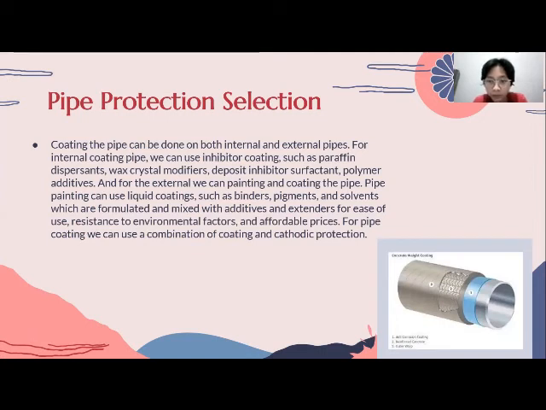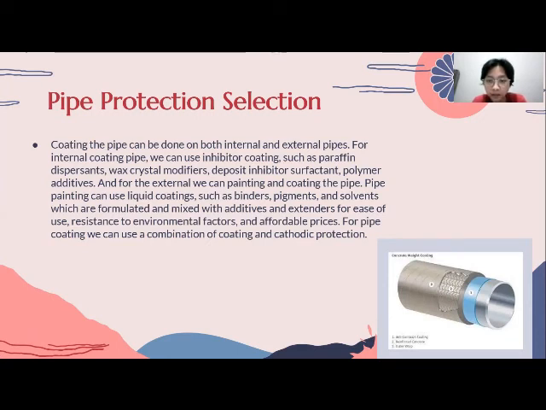Providing the pipe with protection will make its life longer. Coating the pipe can be done on both internal and external pipes. For internal coating, we can use inhibitor coating, such as paraffin dispersants, wax crystal modifiers, deposit inhibitor surfactant, and polymer additive, and for the external, there are a lot of options.